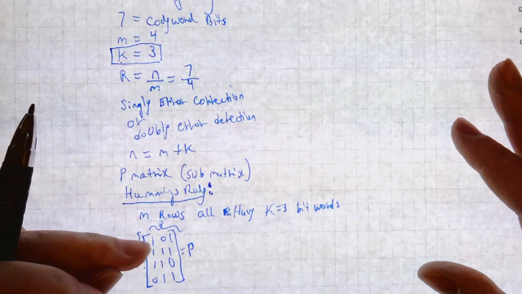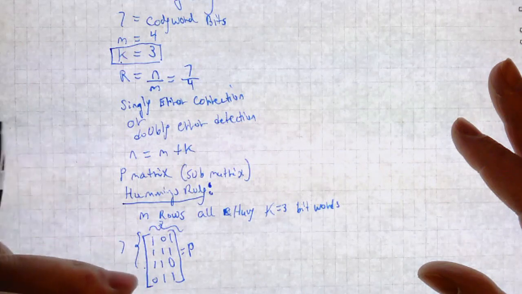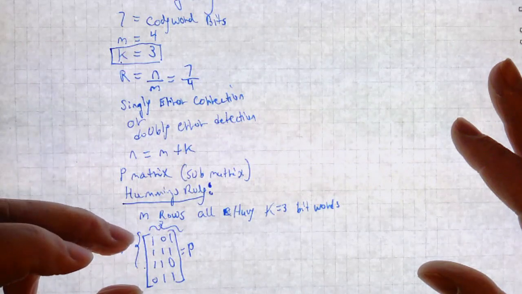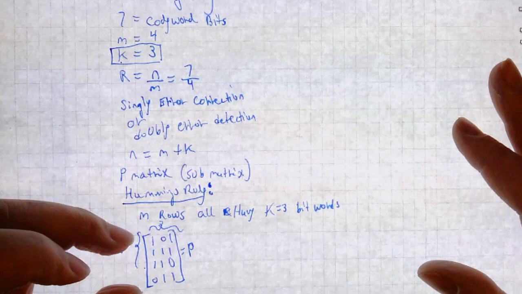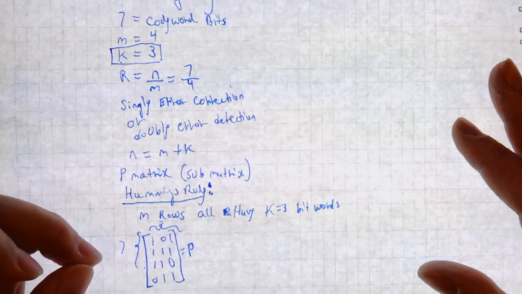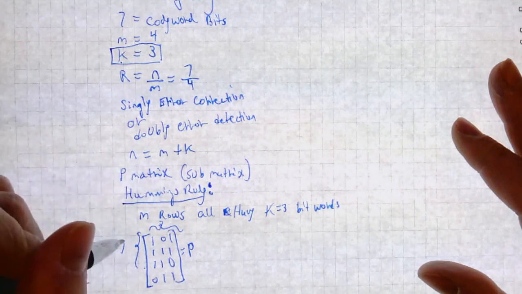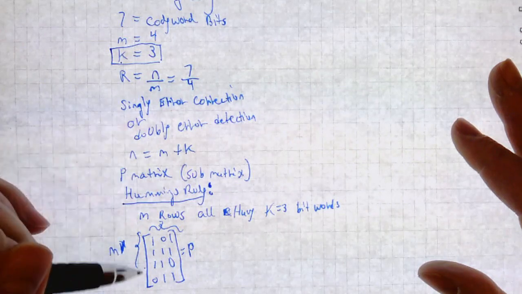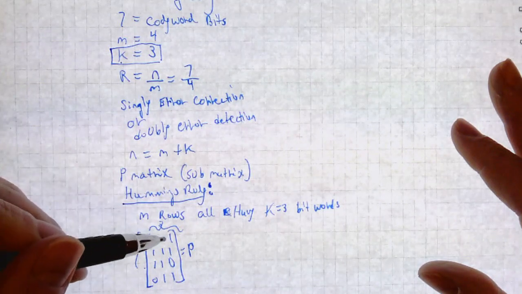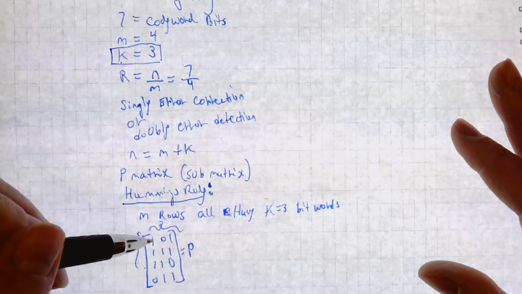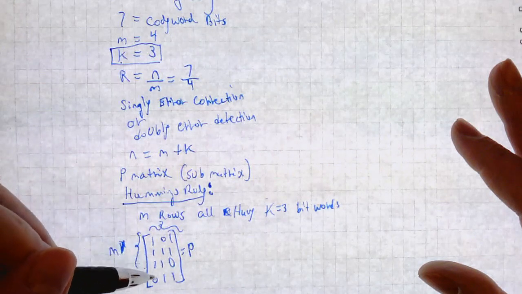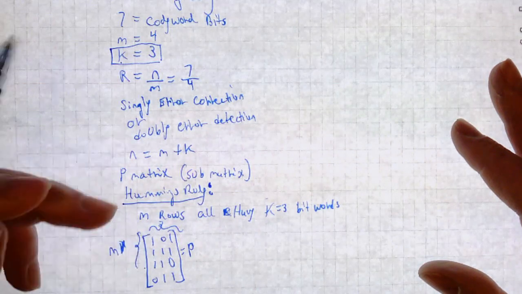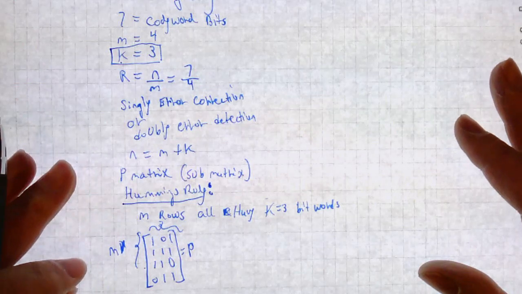And it has 1 2 3 4 rows total, m rows. I said 7, but that would be n. M rows, and they all have 3 bit words, and all rows have 2 or more ones in any order. Hamming's rule.